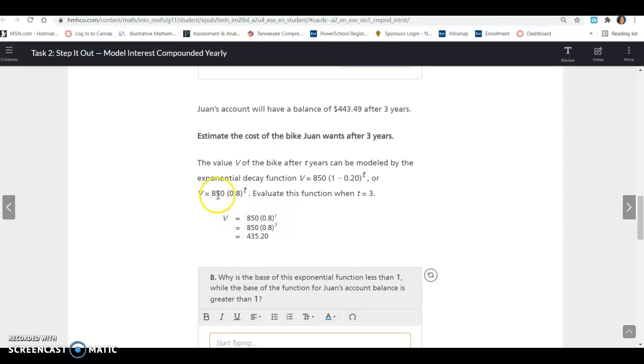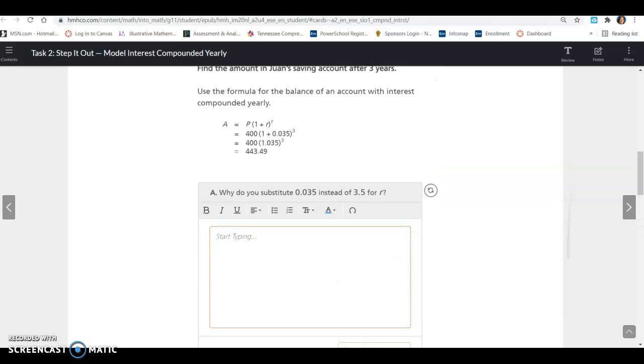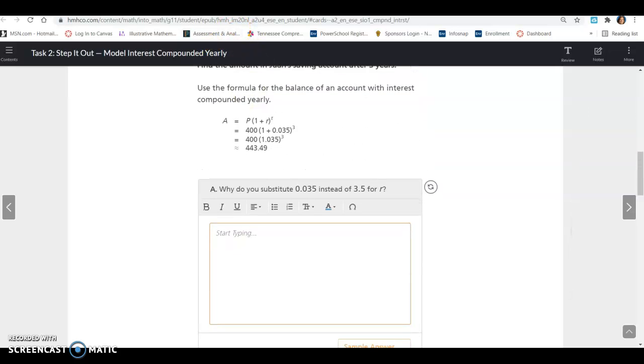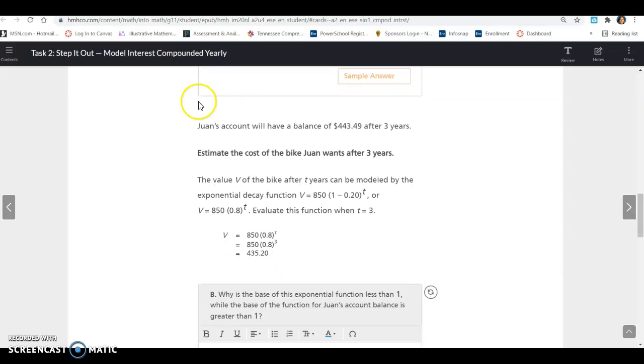All right, so the value V of the bike after T years can be modeled by the exponential decay function. V equals 850 times (1 minus 20%). Remember in the picture above it showed us that it decayed at 20% per year. So 20%, again as a decimal, is 0.20.